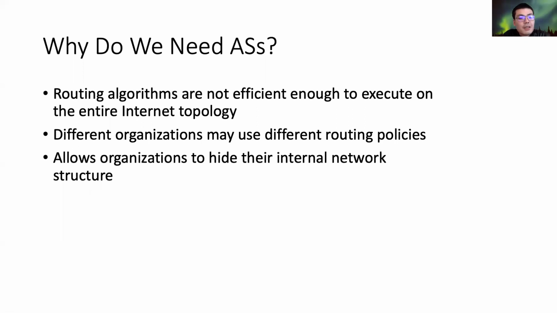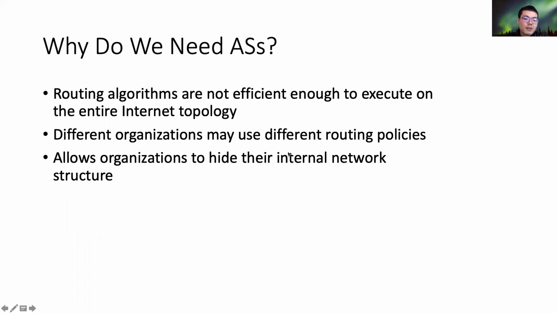Another important thing is that it allows organizations to hide their internal network structure. If some attackers want to attack UAB, and these interior routers belong to UAB, then when routing, you just route to the border gateway router. Internally, the routers will handle the traffic for you, but they will not expose anything or leak outside of UAB.